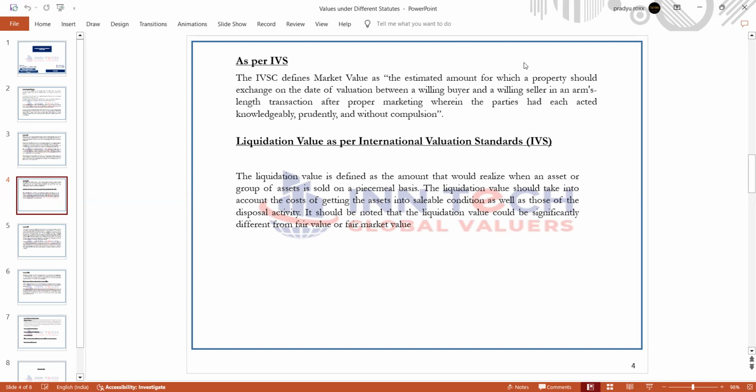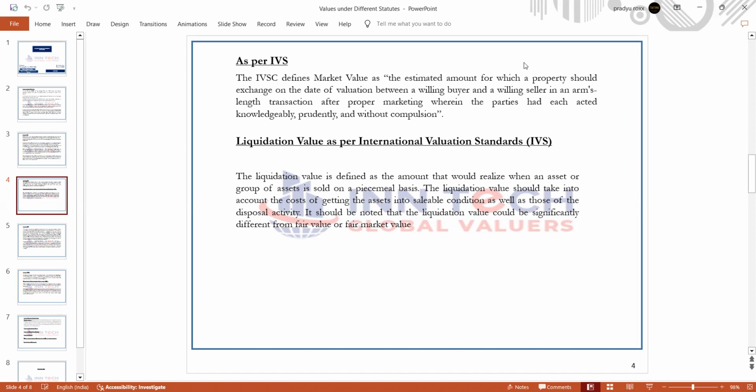The liquidation value has to take into account the cost. So while assessing the liquidation value, they say that the cost of disposal also should be taken care of. The cost has to be deducted, and after deducting the expenses, the net value is what is estimated or assessed as the liquidation value.